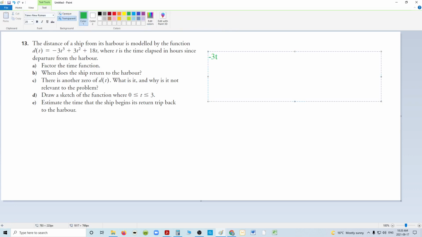If we write it down, minus t cubed plus 3t squared plus 18t is equal to distance from harbor. We can factor out a t right away. We can even factor out a minus 3 right away. So minus 3t, you take out, you're left with t squared plus, minus t, we're taking out 1t, and then minus, and 6 divided by minus 3 is minus 6.